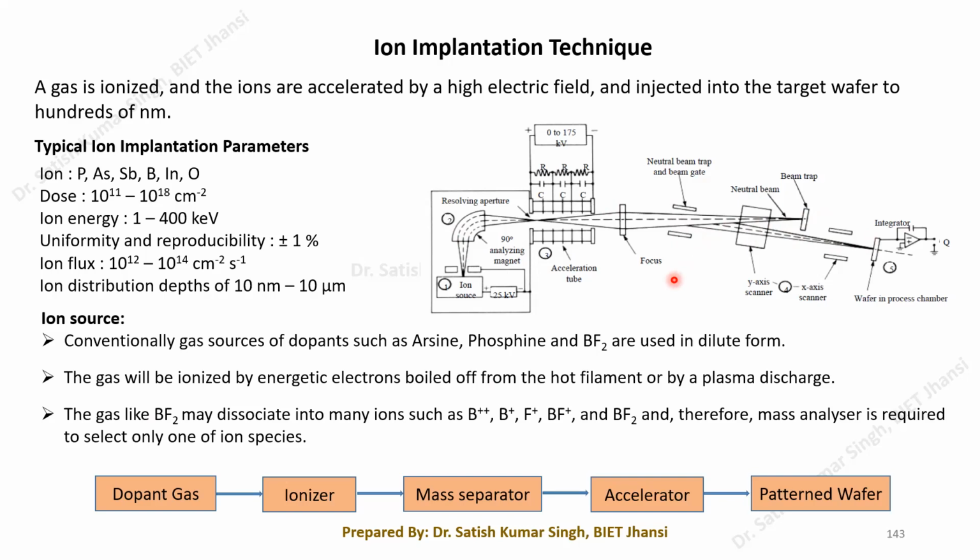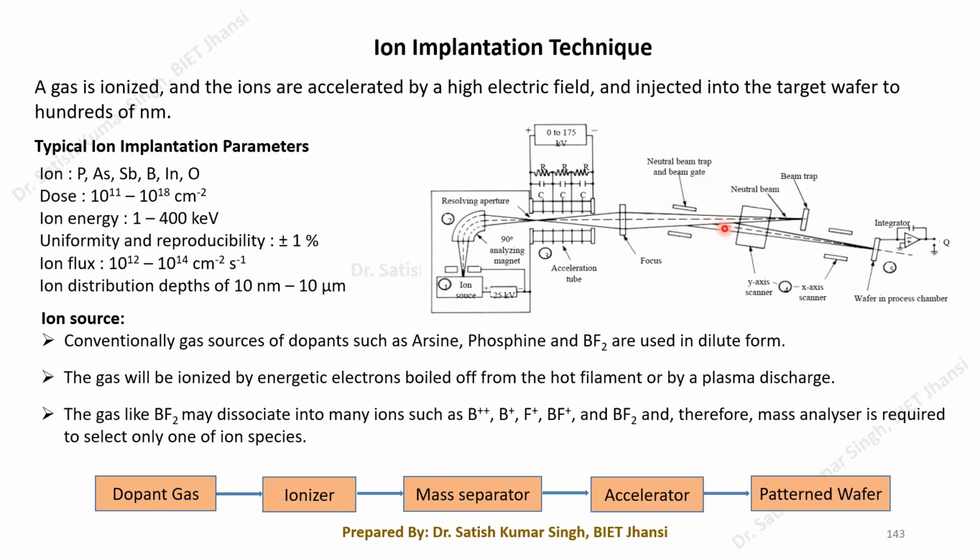Therefore we will not be able to accurately tell the actual dose that we have implanted in our wafer, and so these neutral ion beams should be avoided during implantation.